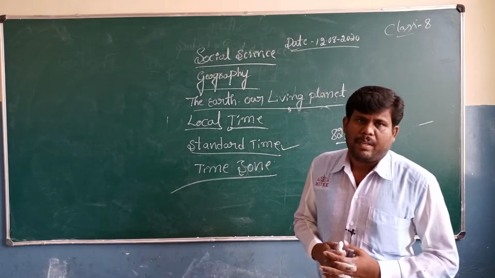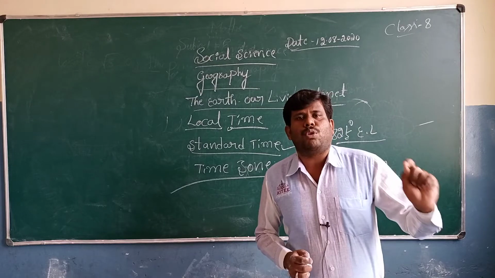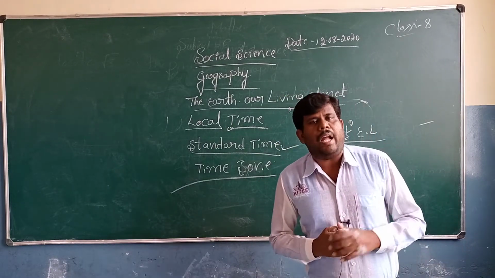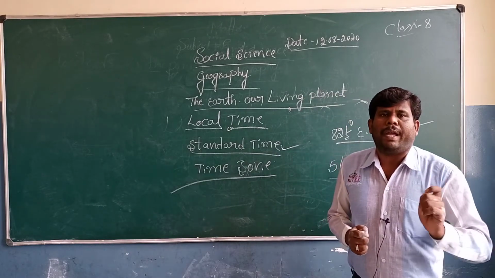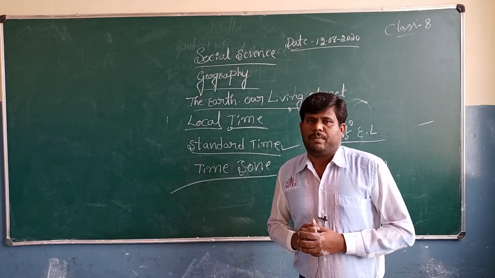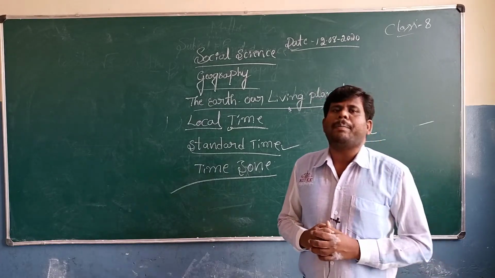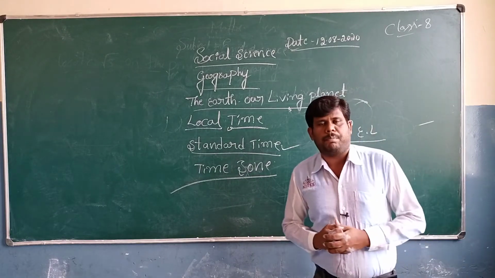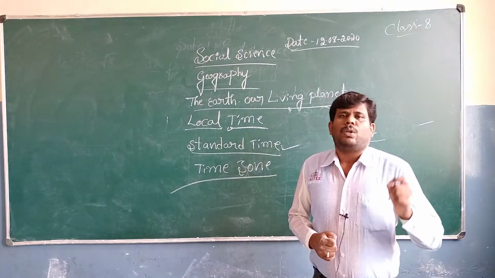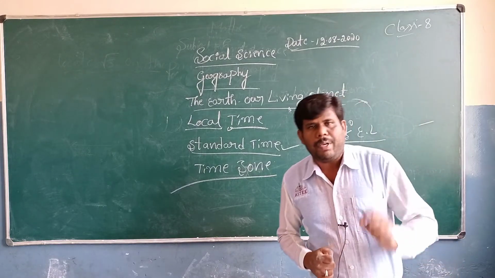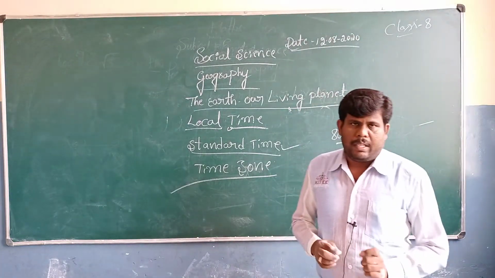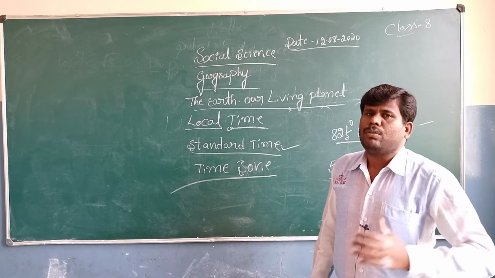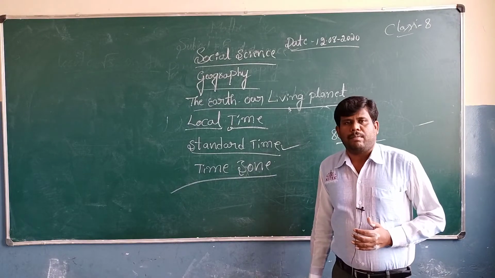Russia follows 11 time zones, Canada and the USA follow 5, and Australia follows three. So countries follow time zones on the basis of their land.